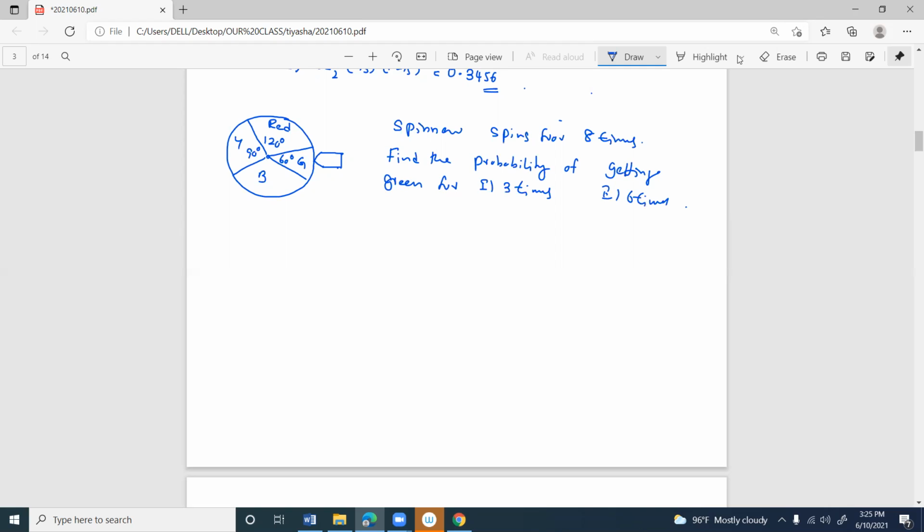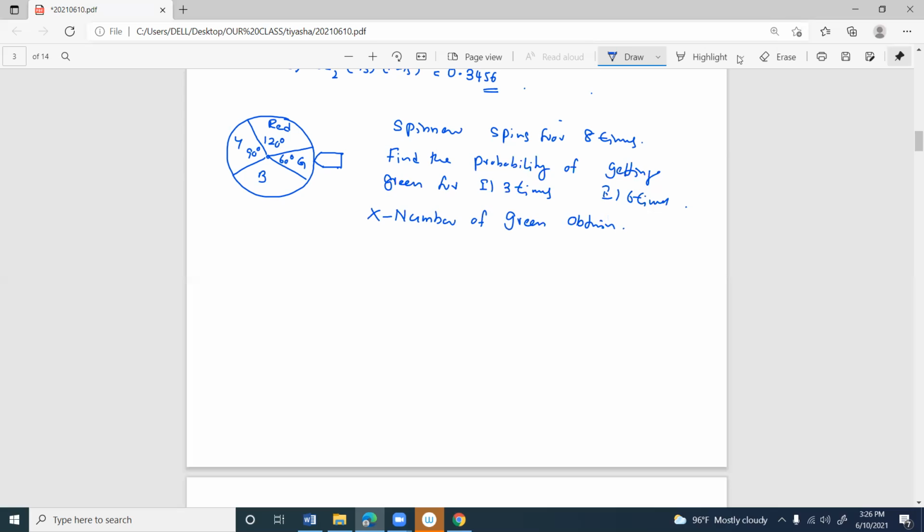For this case, what is the random variable? What do you expect from this? Find the probability of getting green. So you can say the number of greens obtained.